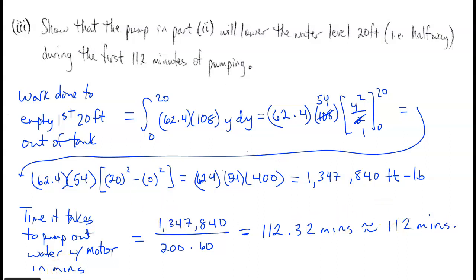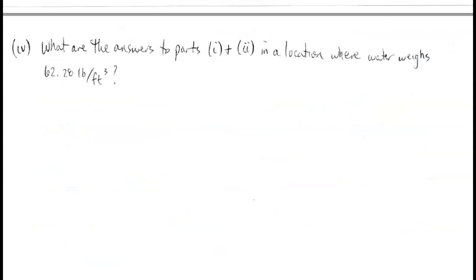All right, so let's move on to part 4 of this example. Part 4 basically asks us to do the same thing as parts 1 and 2, but the weight density of the water is different. If you remember in part 1, the weight density of the water was 62.4 pounds per cubic foot.